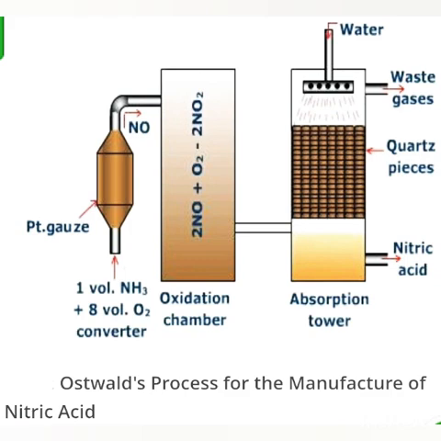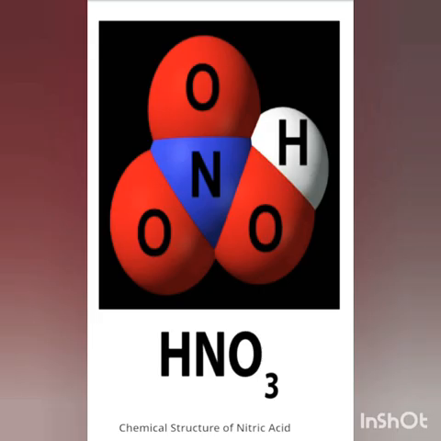Then after manufacture of nitric acid, next we have to study the structure of nitric acid. You know, nitric acid is a monobasic acid and it can be represented by this structure. You can see the structure here.